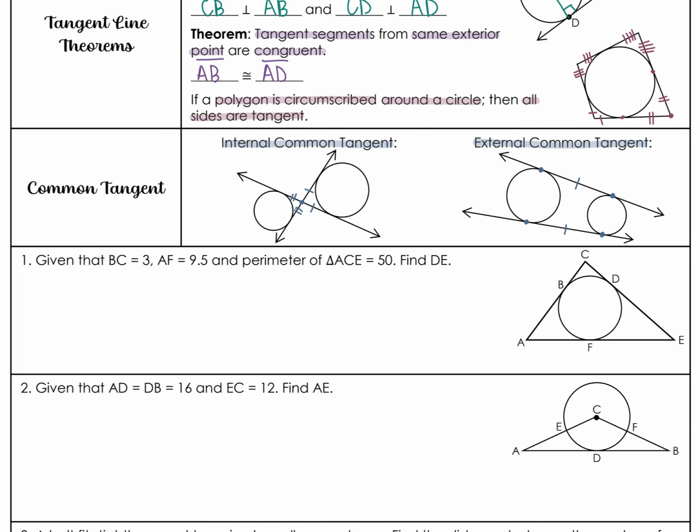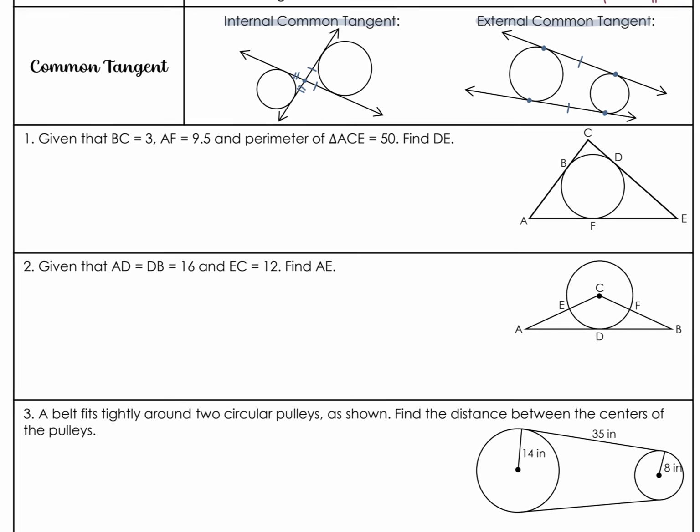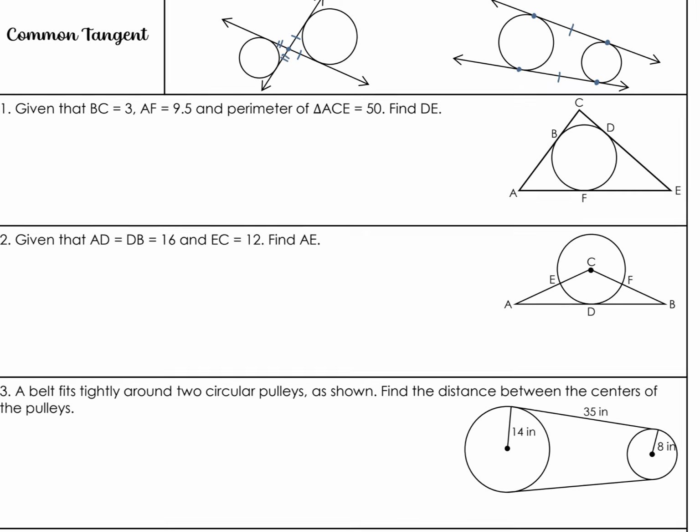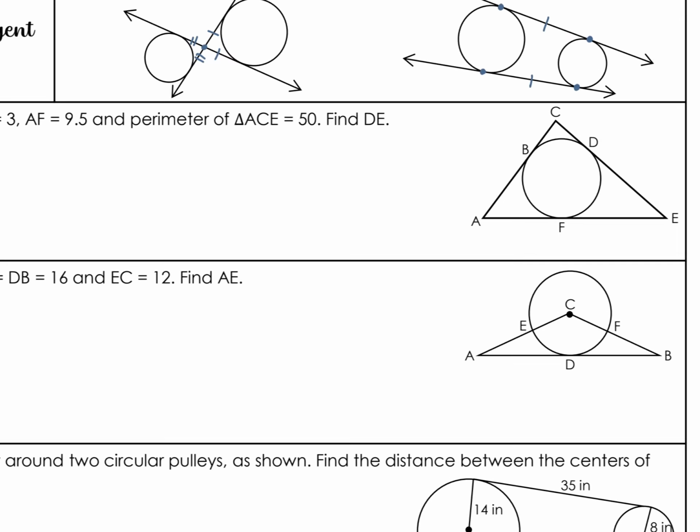All right, now let's apply these theorems to solving these problems. So for number one, we have given that BC is going to be 3 and AF is going to be 9.5.